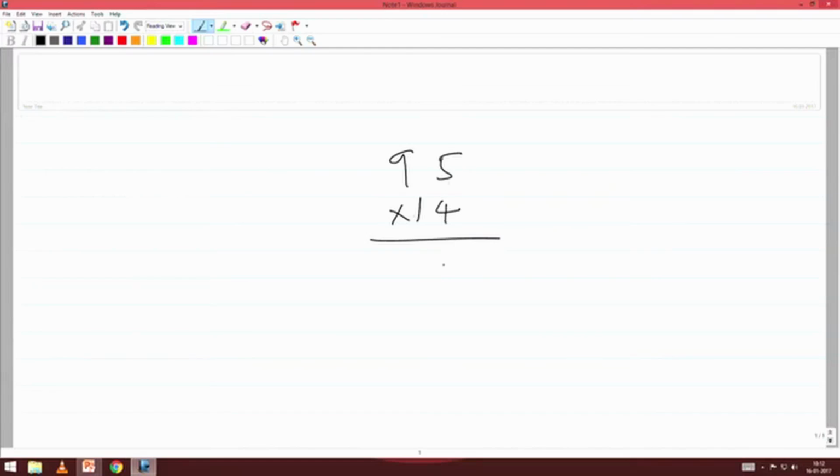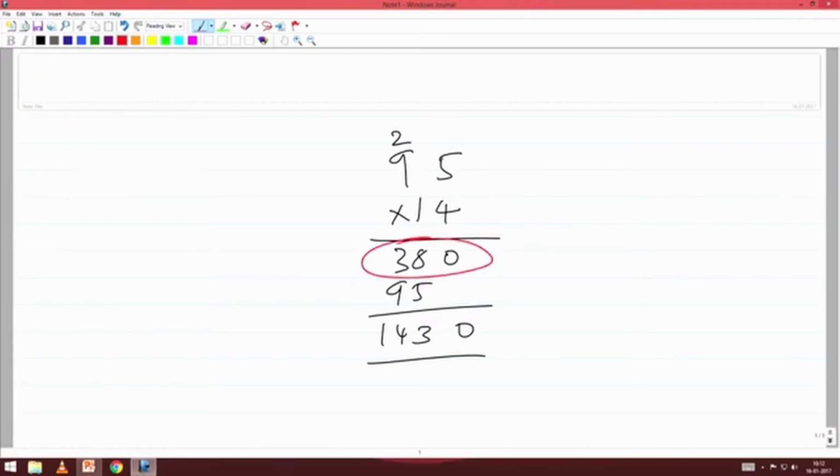So I just say 4 into 5, 20, 4 into 9, 36, 380, correct, and then 95, then I sum it. Fine, is it okay? So each one of these is a partial product.